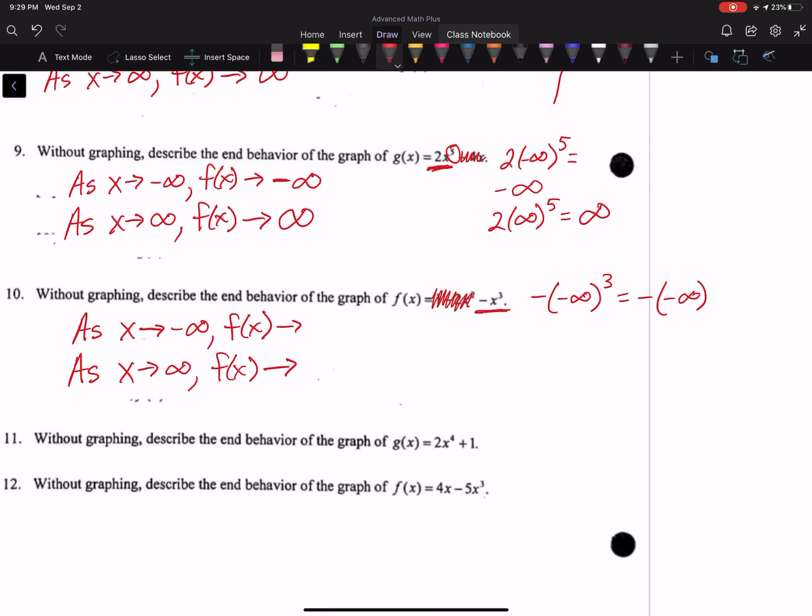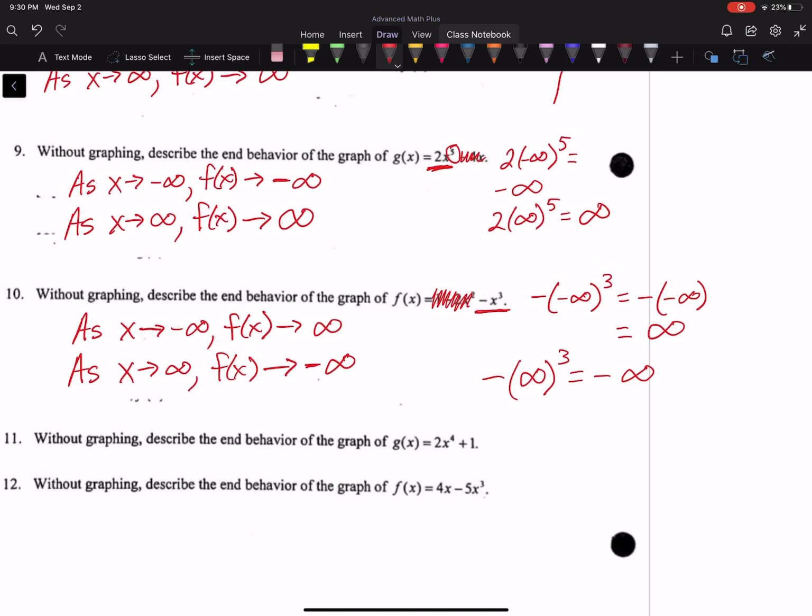And what's negative times a negative infinity? Positive infinity. So this time when we plug in negative infinity, we get positive infinity. And if we plug in positive infinity, negative times positive infinity cubed, we just get negative infinity.